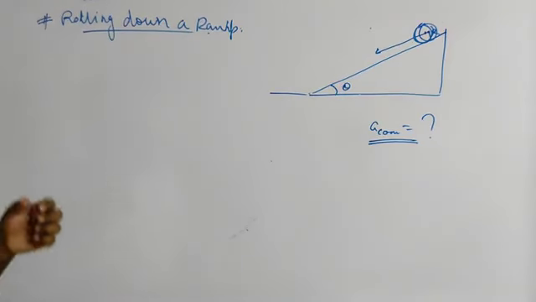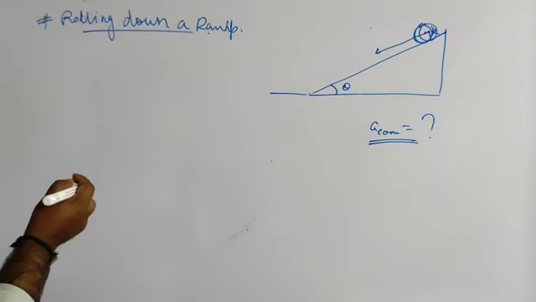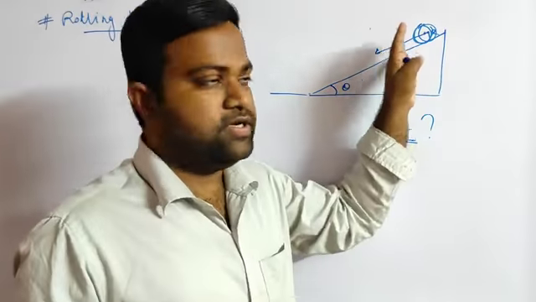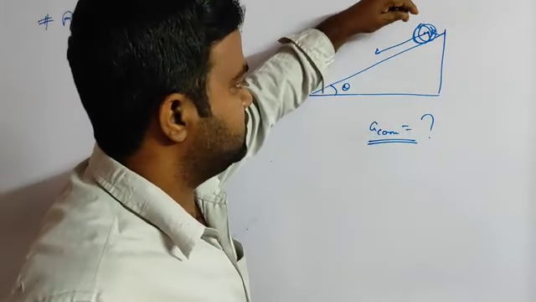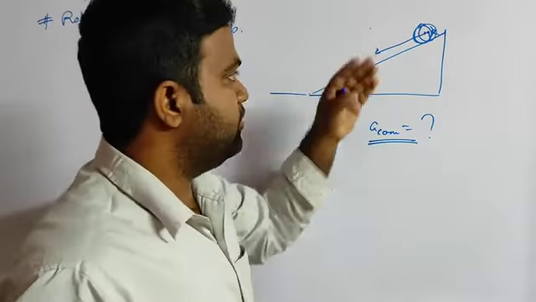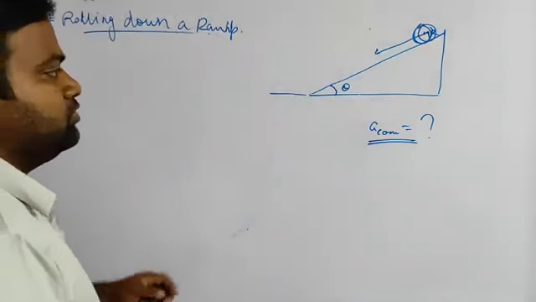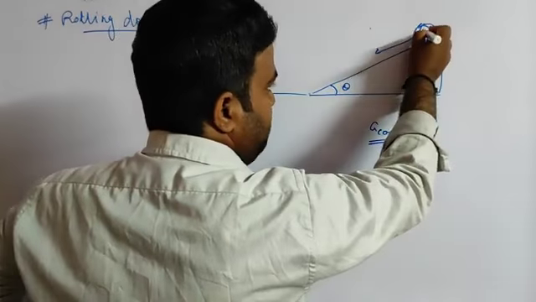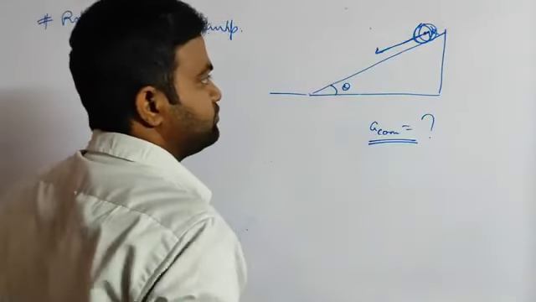Now to calculate the acceleration, how will you proceed? First we will draw the free body diagram and resolve the different components of the forces. Now the center of mass will move in this direction.